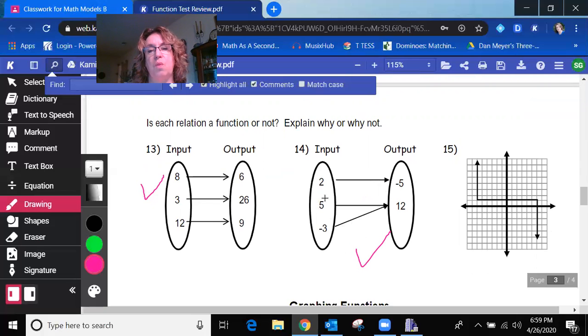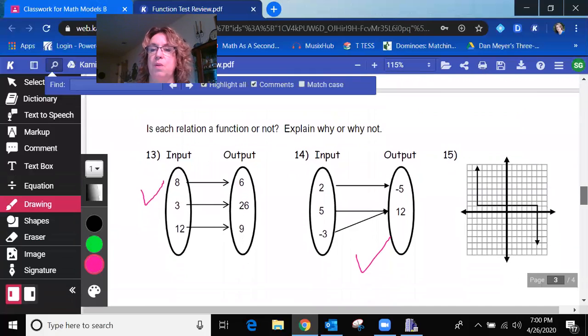Just watch out for any of the input numbers, the x's, that have a split arrow by them. What do you think on this one? This one is not a function. Right here, there's a vertical line, and right there. If at any time you see it touch twice, and this touches a bunch, then that's not a function.